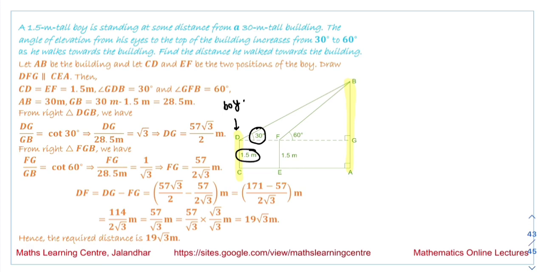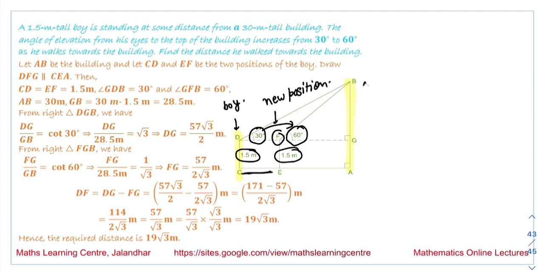Then it is given that the boy moves towards the building and reaches a point F. This is the new position, and the angle of elevation changes from 30 to 60 degrees. The height remains the same, 1.5 meters. We have to find the distance he has traveled towards the building.